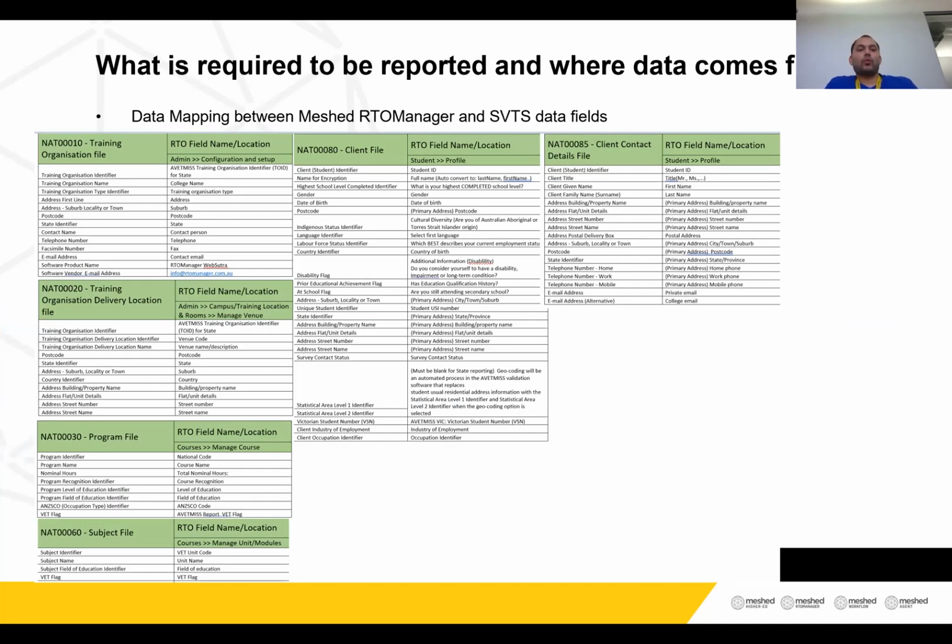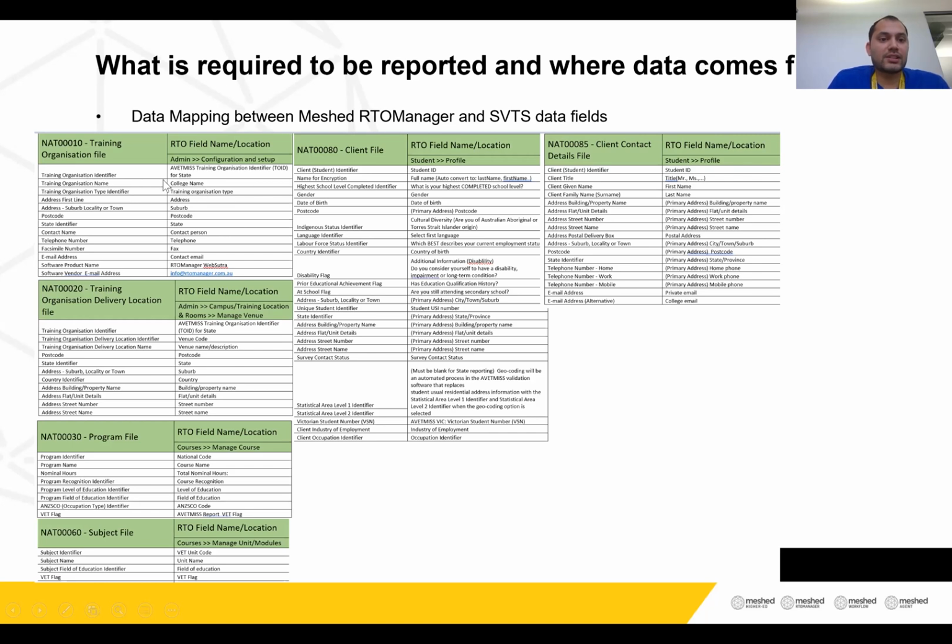Now, what is required to be reported and where does the data come from? So what I have here is a mapping document, in order to create your organization file, showing where we pull the data from. Okay, so basically for your NAT files, these are your mapping rules.